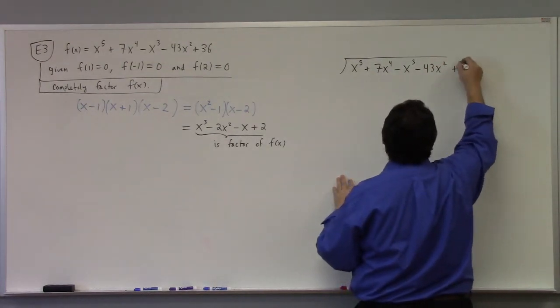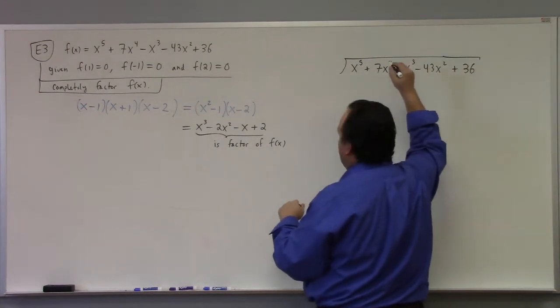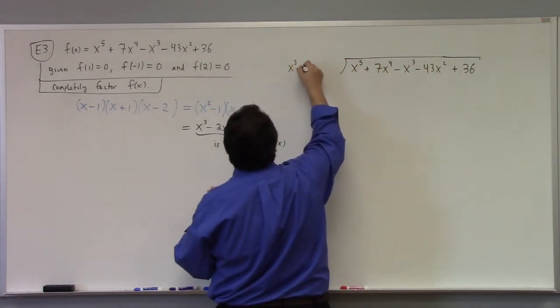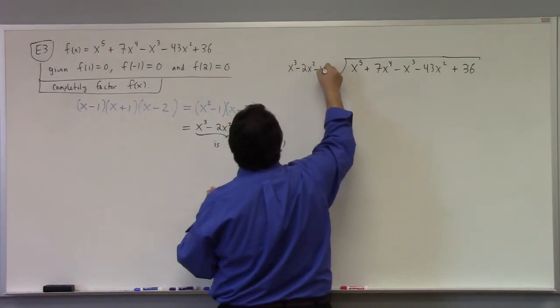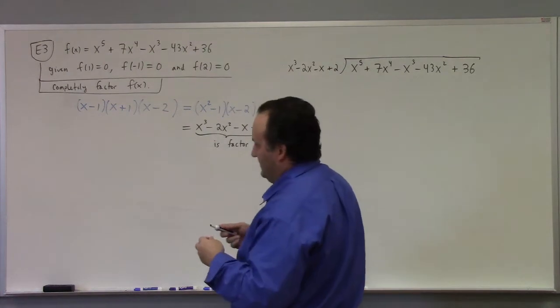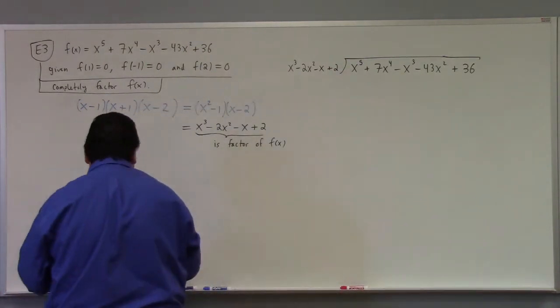It's important to copy these numbers down right, otherwise everything goes haywire. And then we've got x cubed minus 2x squared minus x plus 2. All right, that's my factor.